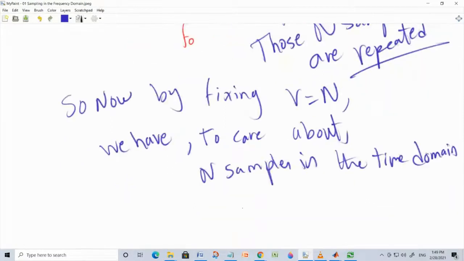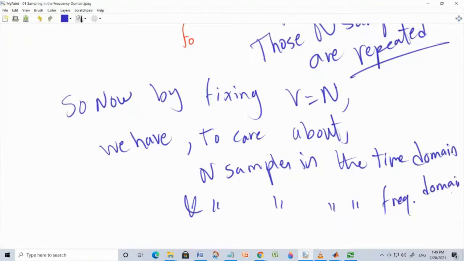Because again, we will assume that we have time-limited signals, and even if our signals are not time-limited, we will pretend that they are time-limited. We will just take n samples and do processing with them. So n samples in the time domain and n samples in the frequency domain, and this is sort of cool because now there is sort of a symmetry.